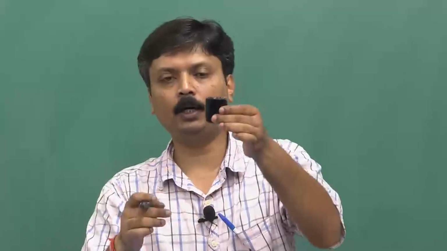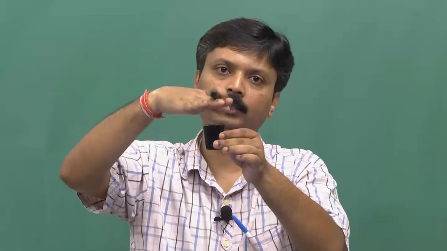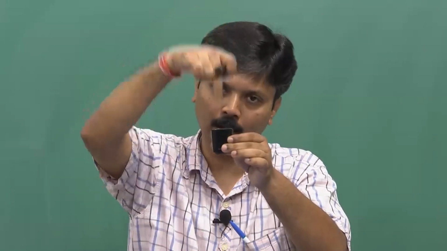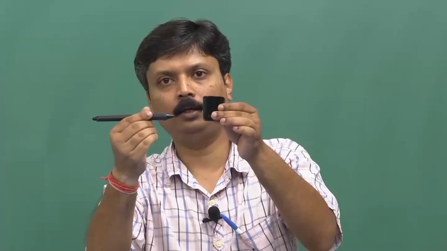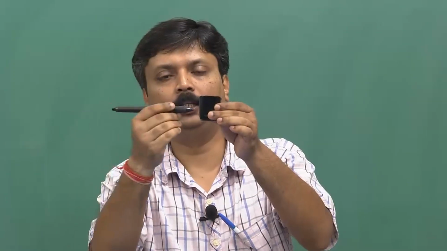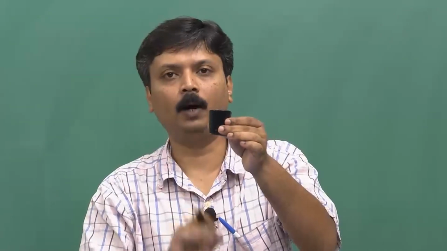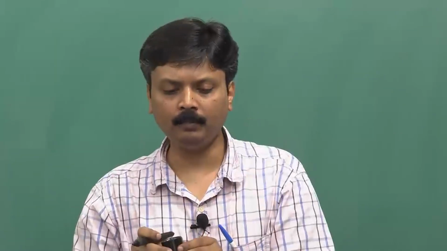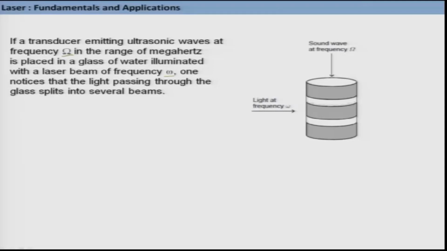Suppose this is my glass of water, so you put your transducer here so that it can send sound wave in this direction, downward. And you bring your laser light through this one, so the laser light is illuminating the whole water in the glass. We take the laser beam frequency as small omega.